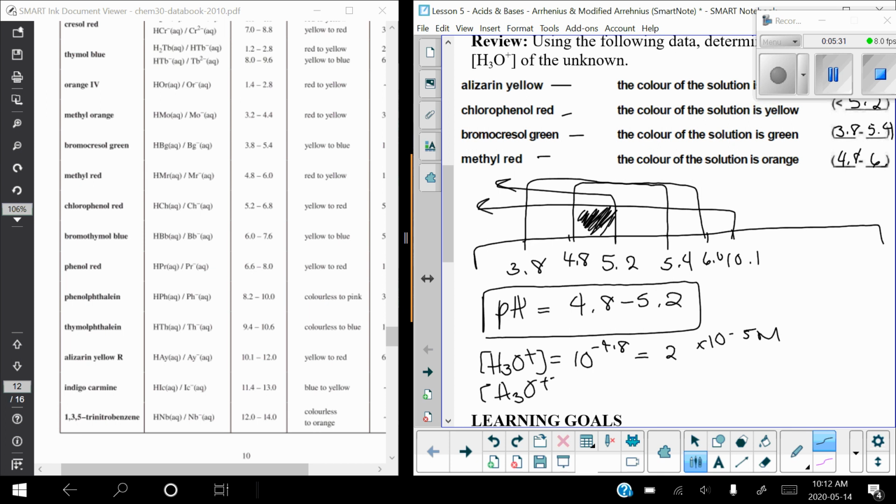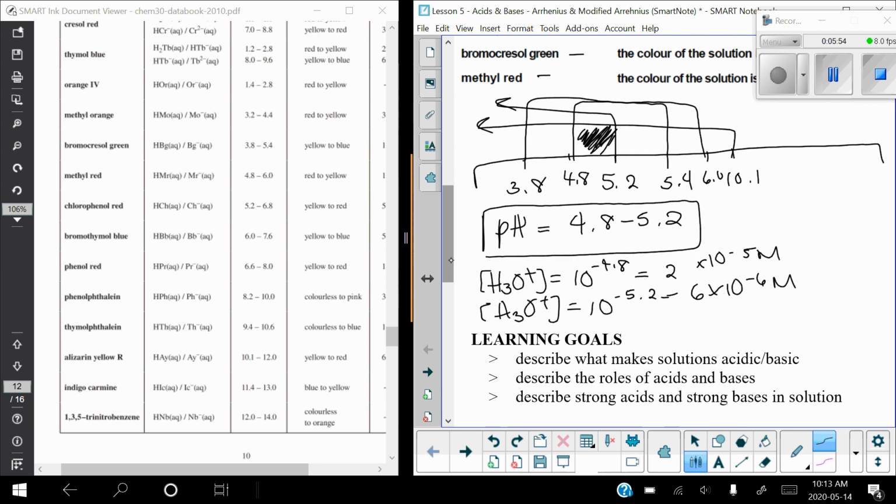And then here, 10 to the power negative 5.2 equals 6 times 10 to the negative 6 moles per liter. If we were to list this from biggest to smallest, we would say that our hydronium ranges from 6 times 10 to the negative 6 to 2 times 10 to the negative 5 moles per liter. So there is our hydronium range.